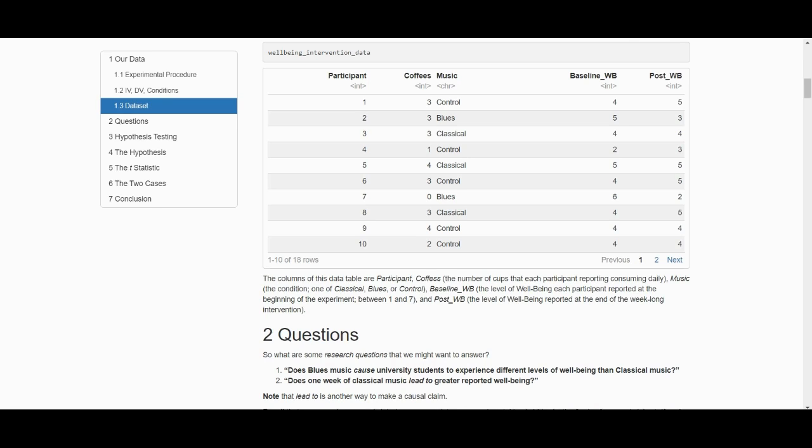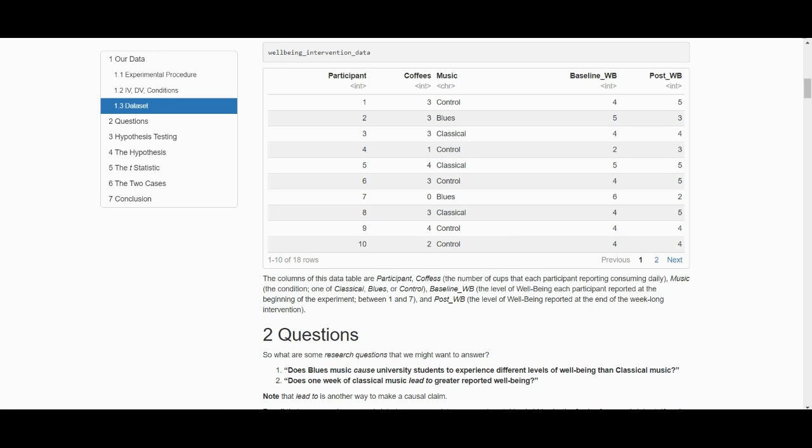Now, at baseline, that is, at the beginning of the week, we gathered their self-reported well-being score on a scale of 1 to 7. Likewise, at the end of the week, people reported their well-being again, after going through their assigned intervention. This table is really just meant to help illustrate the data.